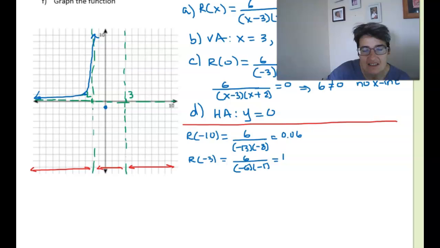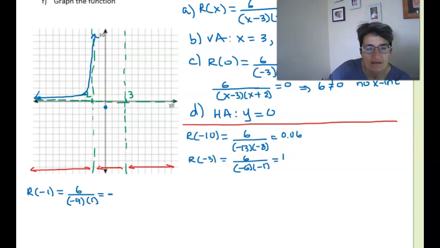Alright, now let's look in the second region, sort of the one between the vertical asymptotes. So I'm going to pick something on the negative side, something on the positive side. Right, so let's have negative 1. We have 6 over negative 4 times 1.